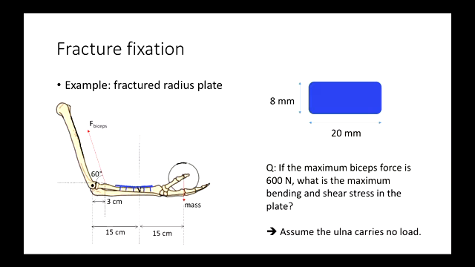I'm going to put a coordinate system based at the elbow joint, X, Y. So we've essentially got the bone in two parts, with the plate on it, and a mass at the end, m.